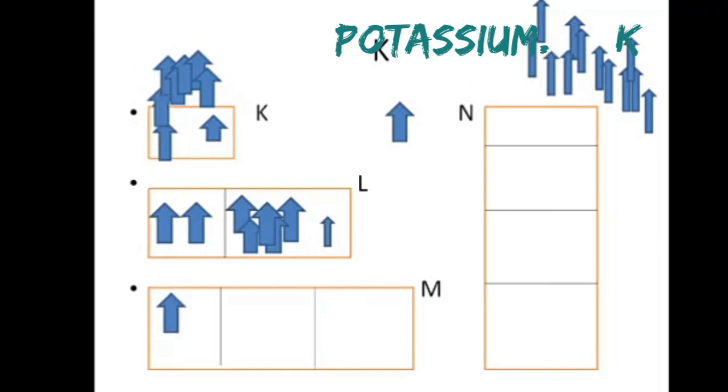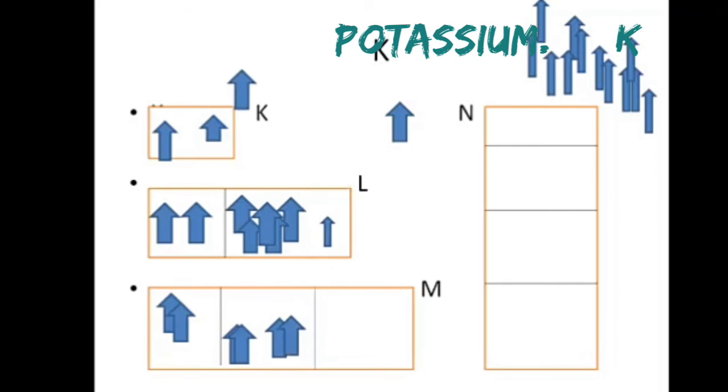Then 2 electrons occupy S room of M shell. 6 electrons occupy M shell P orbital.